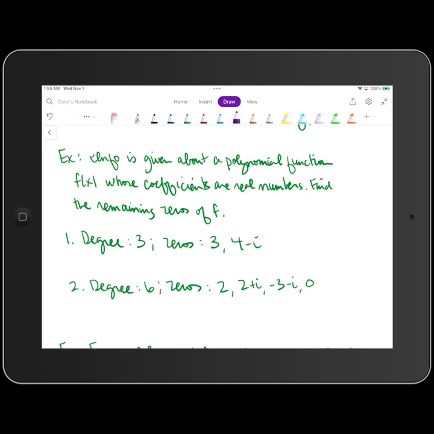So the fact that this polynomial is of degree 3 means that we are going to have 3 complex zeros here. So 3 is the first one, which also happens to be a real zero. The second complex zero is 4 minus i. And if 4 minus i is a zero, its conjugate, which is 4 plus i, is going to be a zero as well.